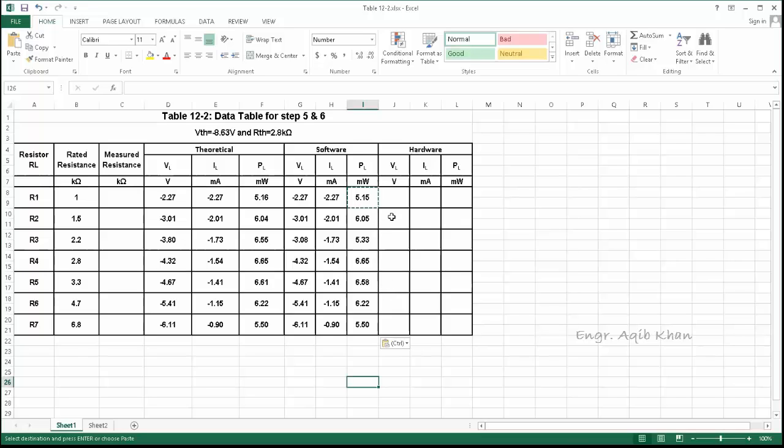By seeing this table, the maximum power transfer is when RL is equal to R Thevenin, which is 2.8 kilo, and the value is 6.65 milliwatt.